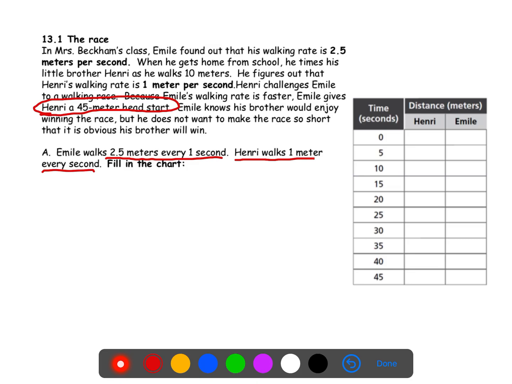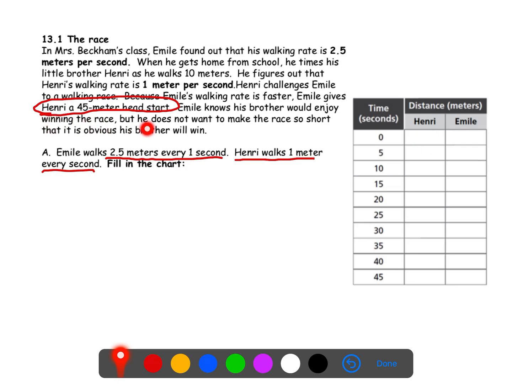So let's fill in that chart. Let's look first at Henry, and this is where we've got some differences in what this table is going to look like. So for Henry, at 0 seconds time, we're going to be recording the distance in meters at each of these time intervals. At 0 seconds, it would seem like Henry would be at 0 meters.